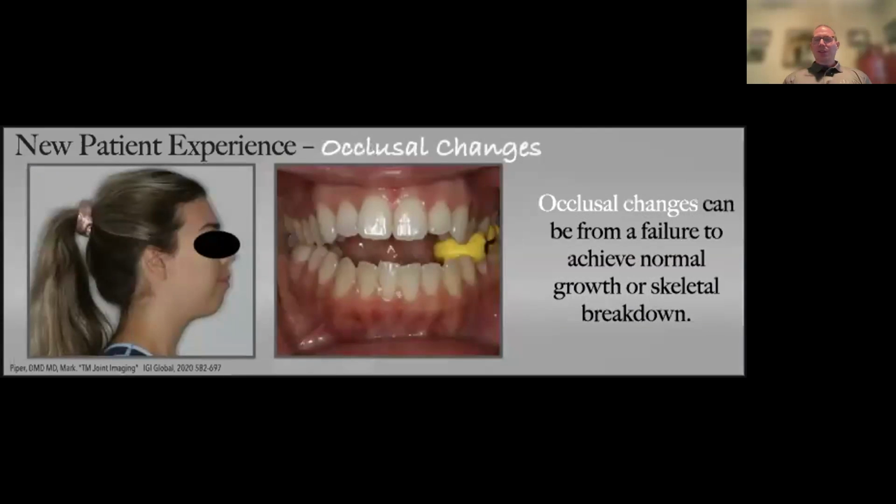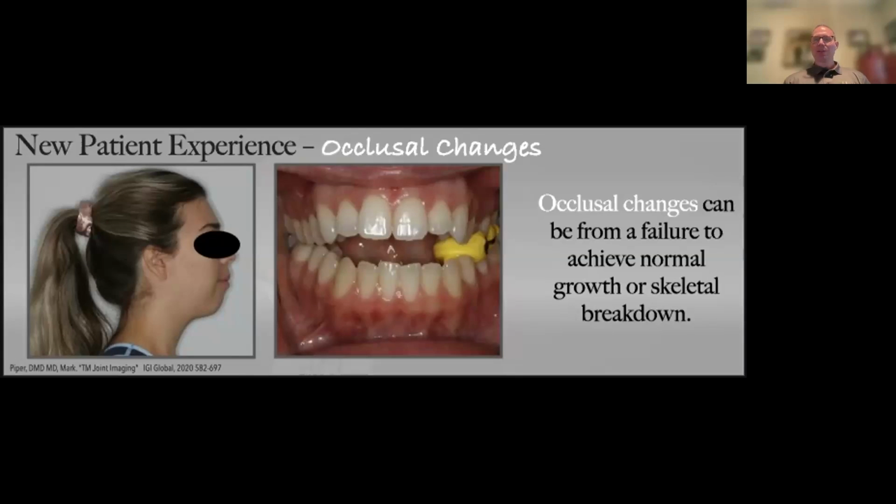Occlusal changes can be from a failure to achieve normal growth, which we talked about throughout this entire presentation. It could be from abnormal growth in the maxillary arch, or the mandibular arch, or it could be from skeletal breakdown. This is Mary Claire, and we're going to talk a little bit about her.